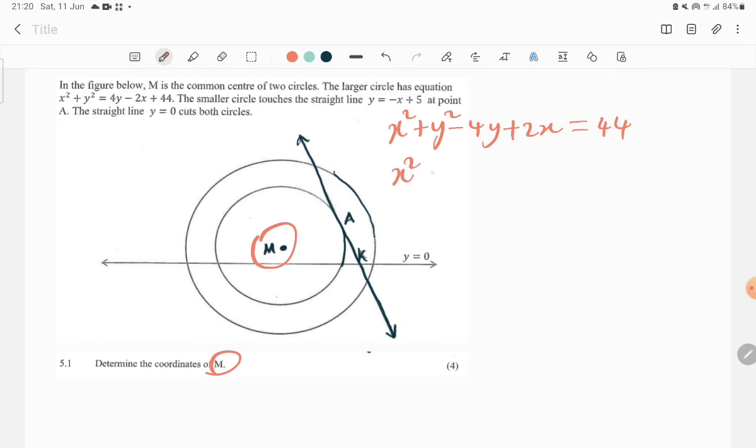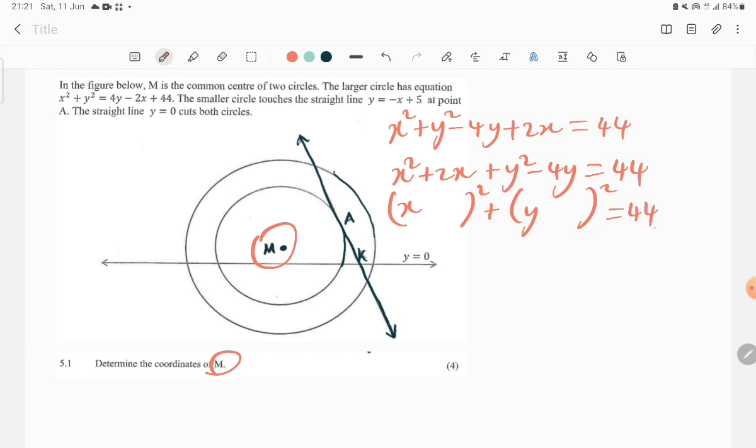We usually take things that have similar characteristics close to each other. Then therefore we open this squared, then plus y squared is equal to 44.